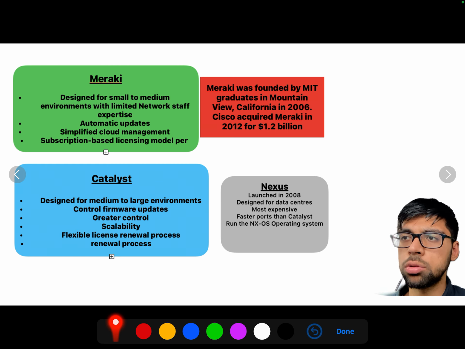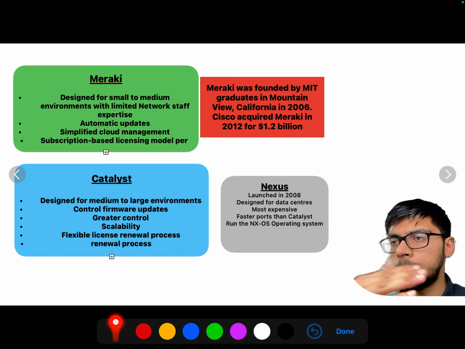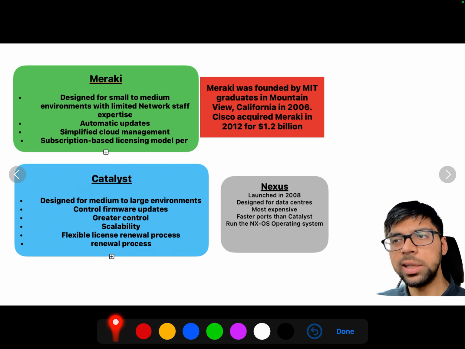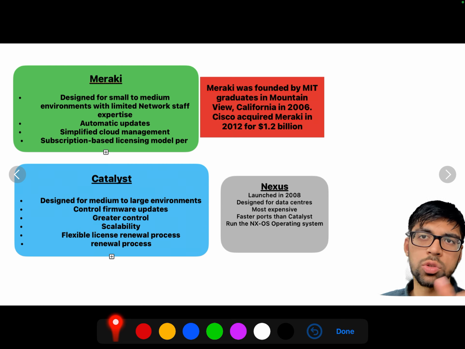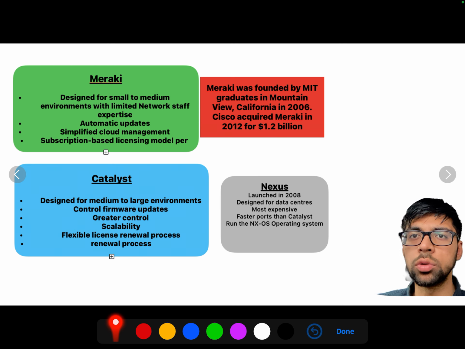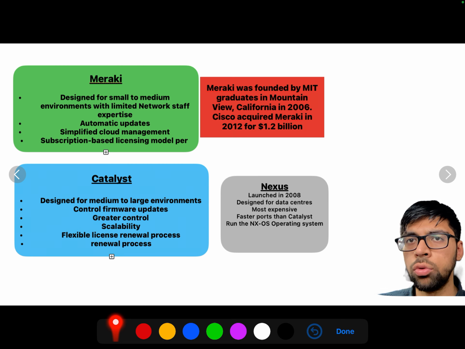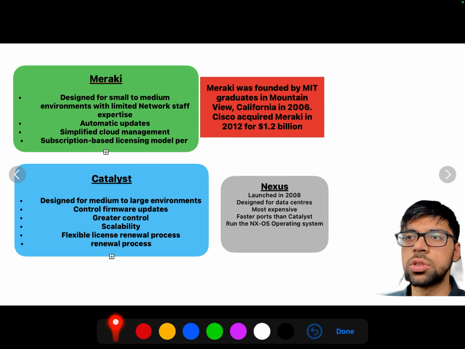So you want to ensure for operations that your licenses are renewing seamlessly, and you've not got a delay where the switch is out of license, because that will cause a big impact on Meraki. Catalyst not so much, because they have more flexible licensing. The switch will still operate without a license, but with Meraki, it's a big no. You want to make sure your switch doesn't fall out of license.